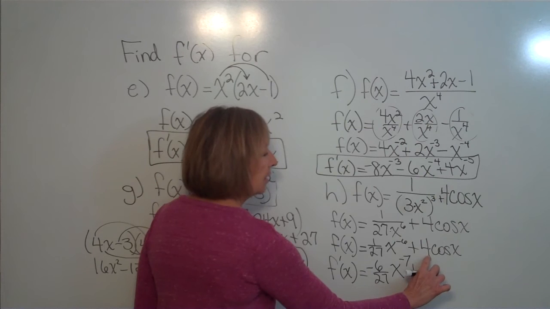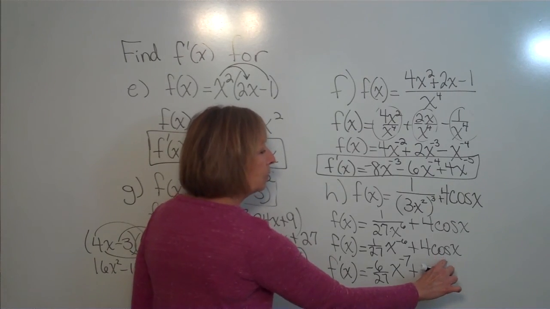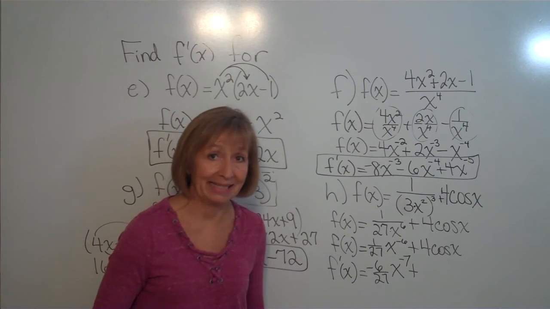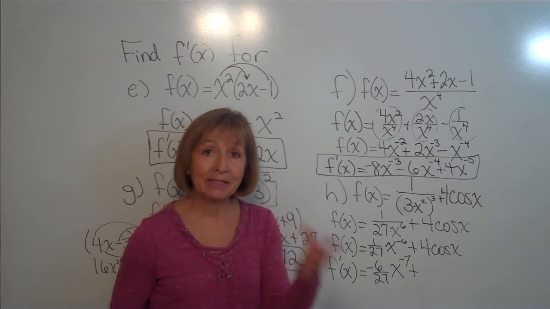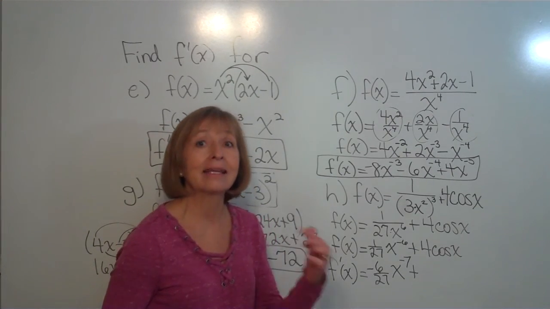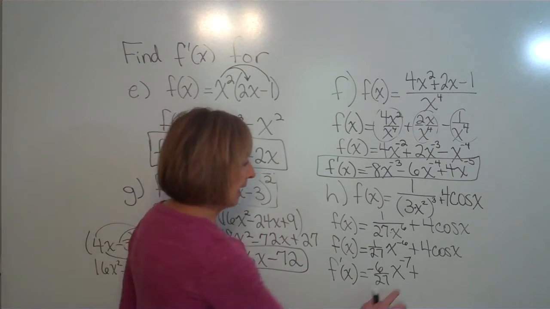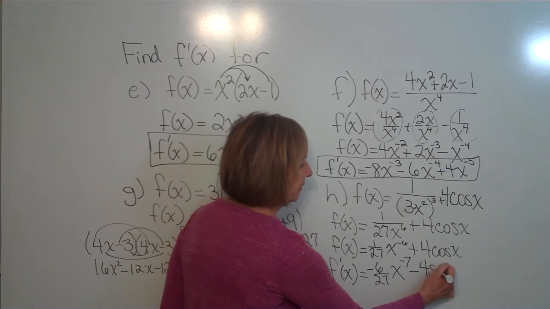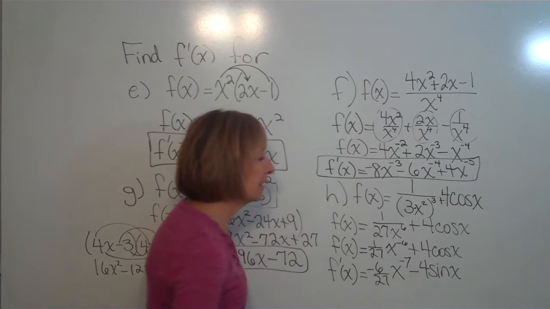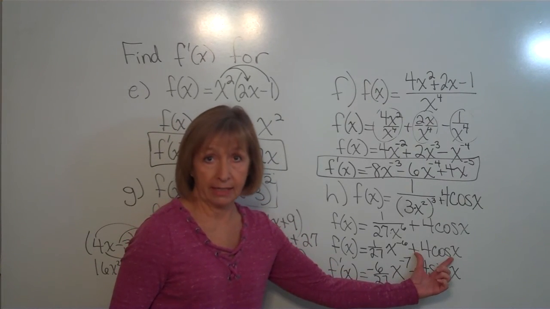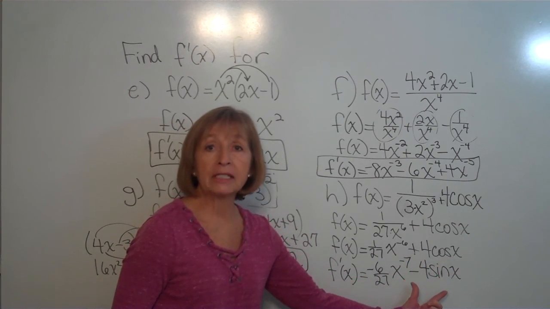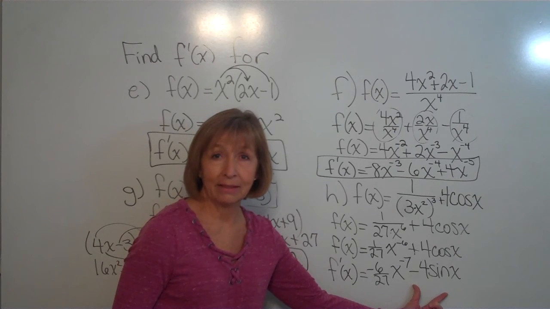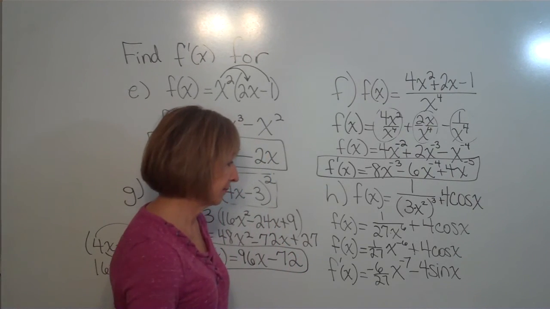And then plus the derivative of cosine x is negative sine x. So 4 times negative sine x is negative 4 sine x. So I jumped the gun on that. So negative 4 sine x. And again, the derivative of 4 times cosine x is 4 times negative sine x, which would be negative 4 sine x.